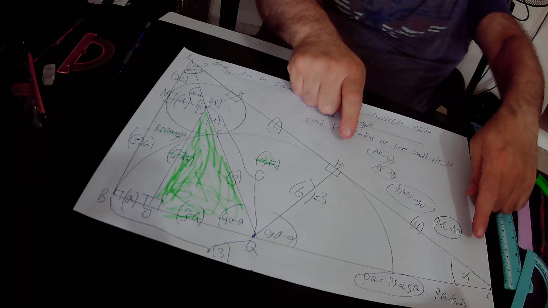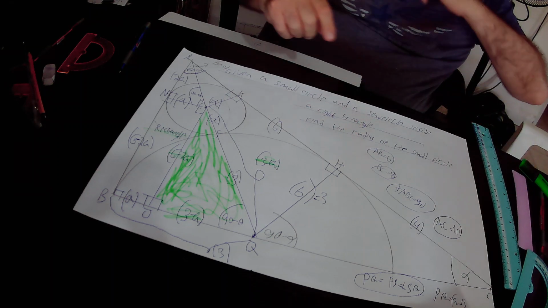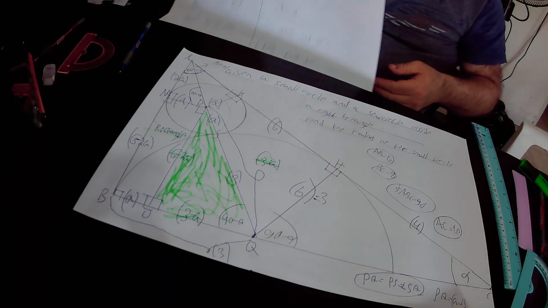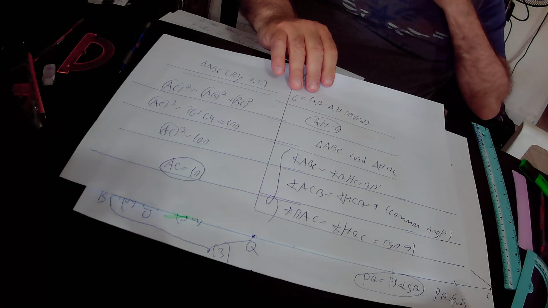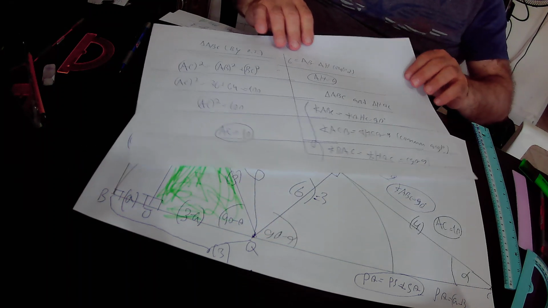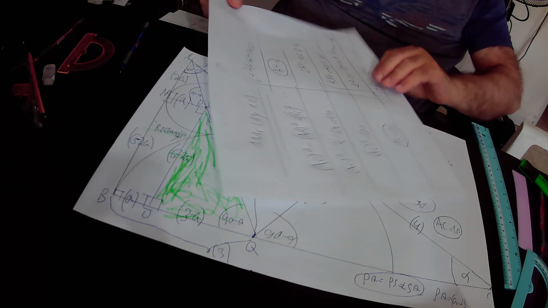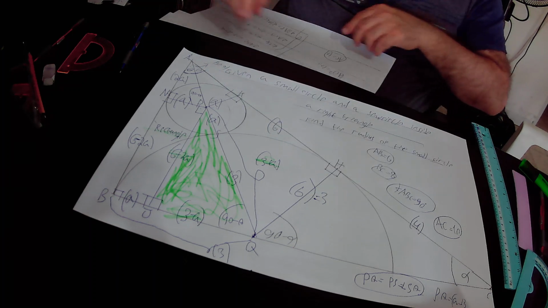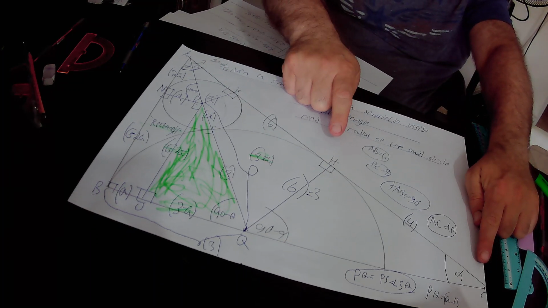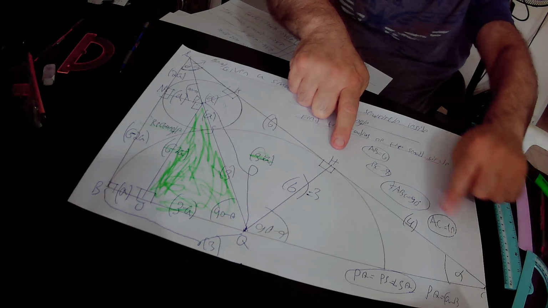So in total, HC equals 10 minus 6, that is 4. In conclusion, we found out that HC equals 4 units in its length.